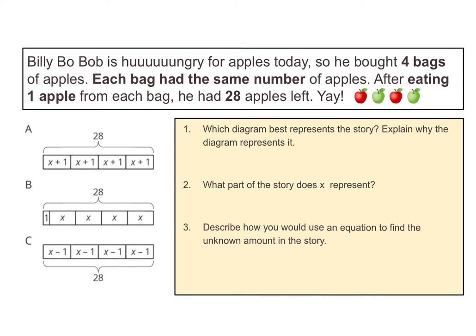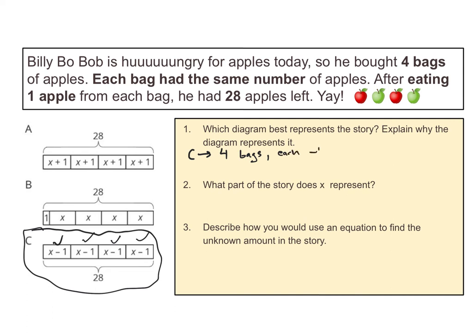And what we agreed upon was that C was the best choice for this situation, in fact, the only choice. And the reason is it tells our story. It says that we have 4 bags of apples. Right, there's 1, 2, 3, 4 bags of apples. Each minus 1 because he ate it.